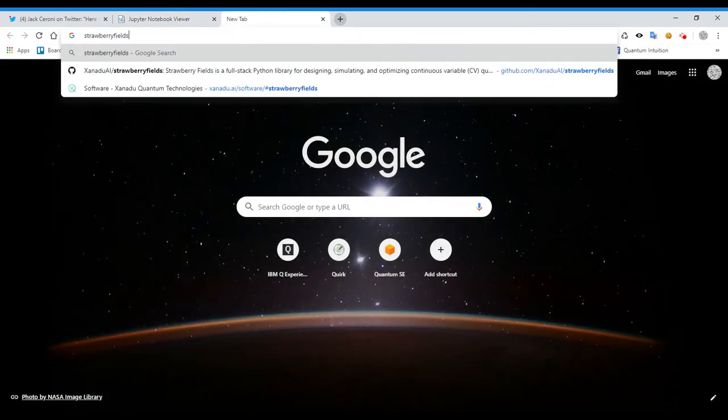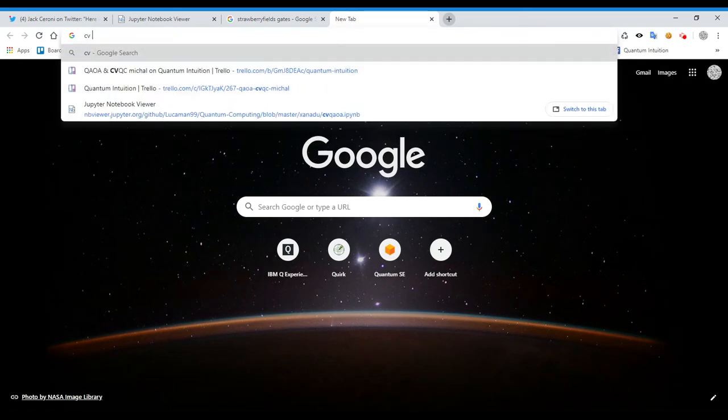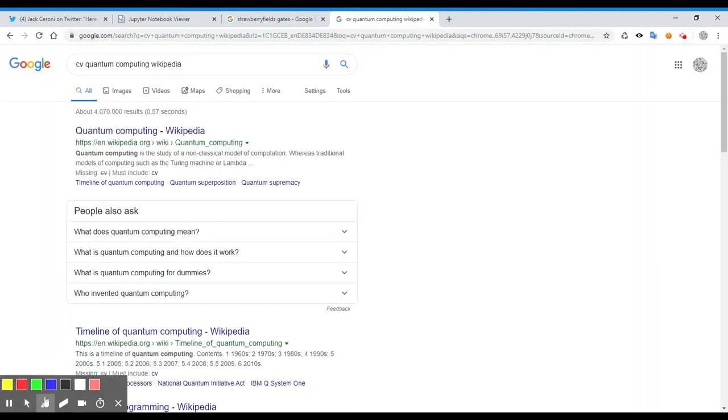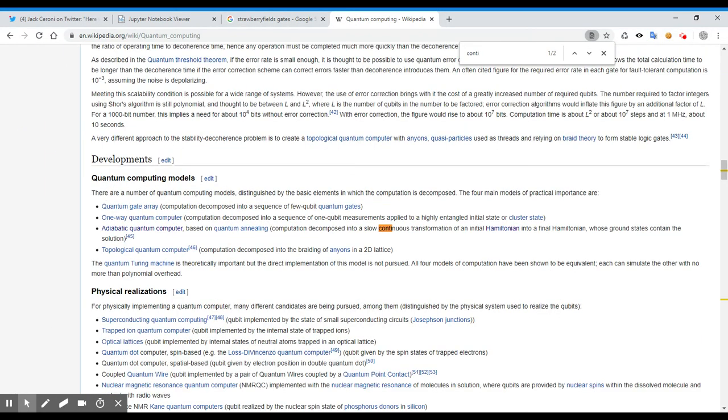Strawberry Fields gates. CV quantum computing, Wikipedia.